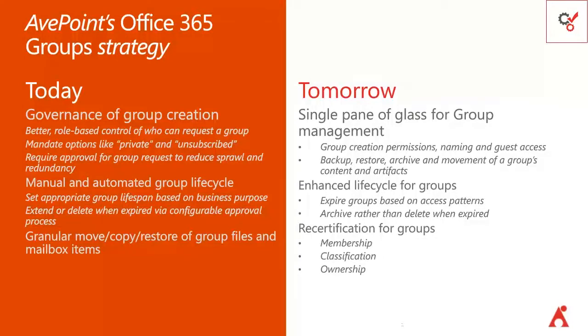So maybe I allow all groups, my contract with my users is that they can have a group for a year, and then they have to tell me if they still need it or not. They need to recertify the need for that group after a year. But I don't want to wait a year if there was a test group that got created and never used, right? Maybe I want to wait only a few weeks, and if the group hasn't been touched in a few weeks, then we'll make a decision about potentially prompting the owner of that group and saying, hey, this doesn't seem to be kosher. What do you want to do with this group? Right, so that kind of expanded life cycle is important.